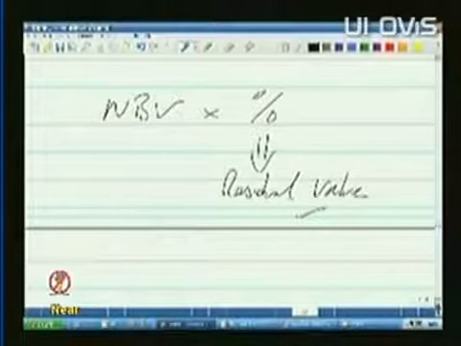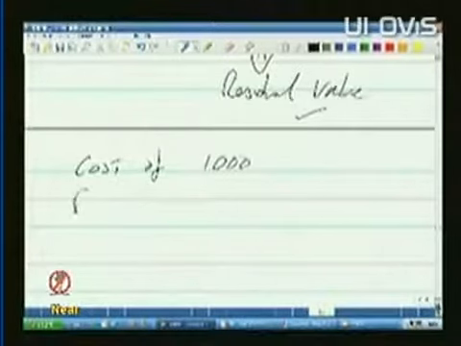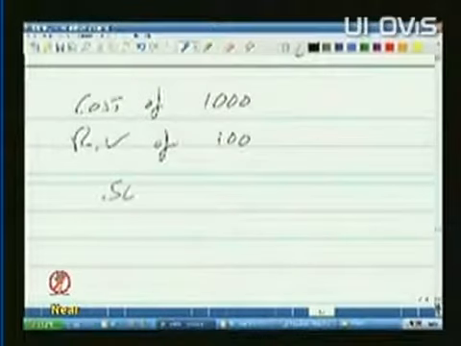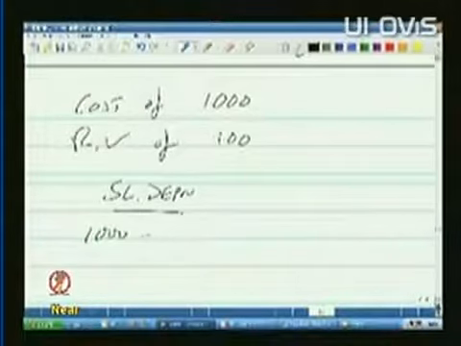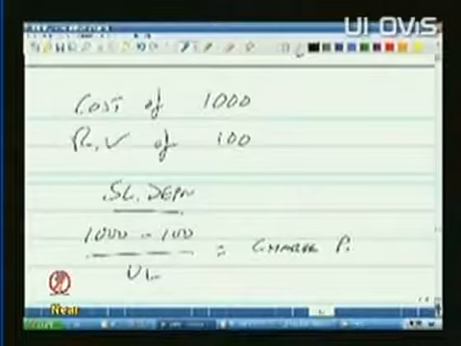So if I gave you a question that said the asset has a cost of 1,000 and a residual value of 100, and I was using straight line depreciation, I would take 1,000 minus 100, divided by the useful life, to give me my charge per annum.